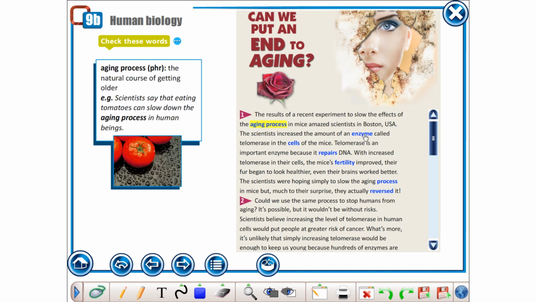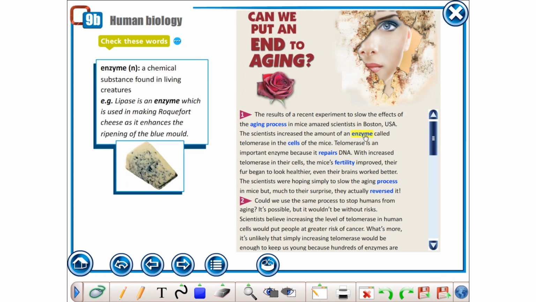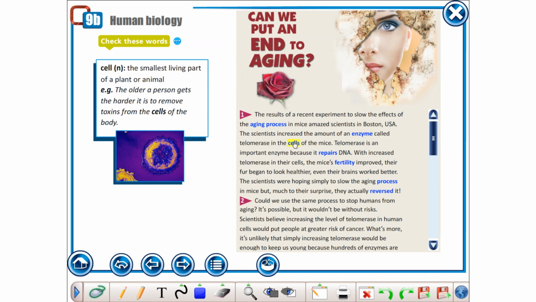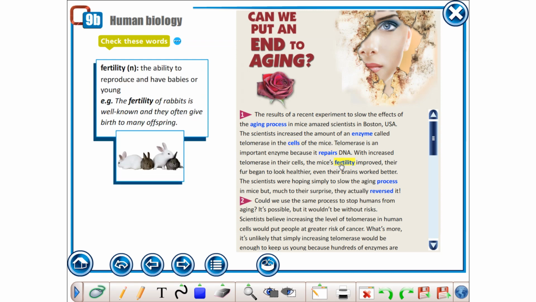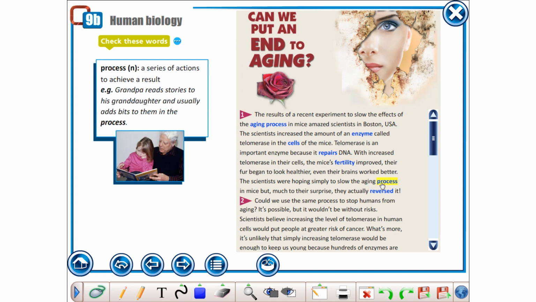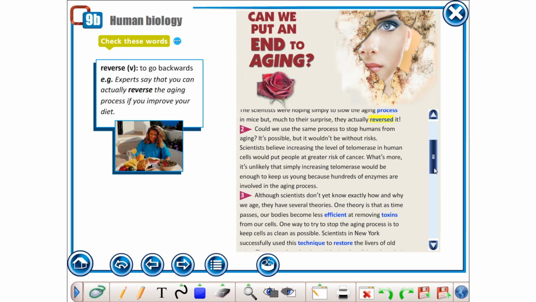Aging process. Enzyme. Cell. Repair. Fertility. Process. Reverse.